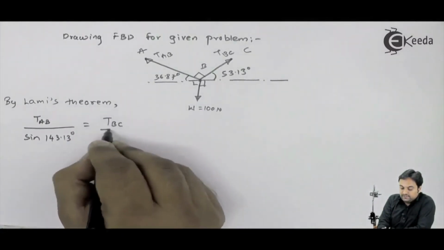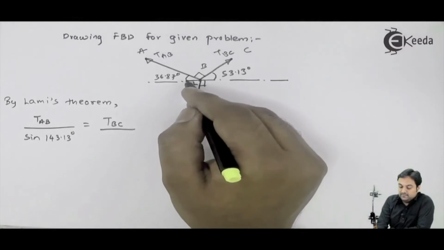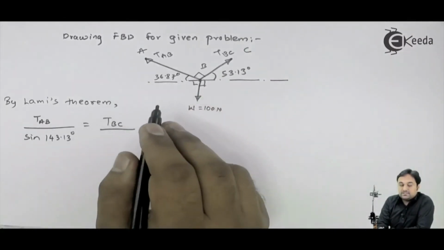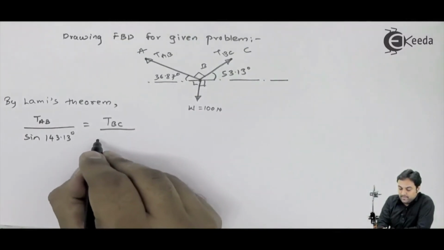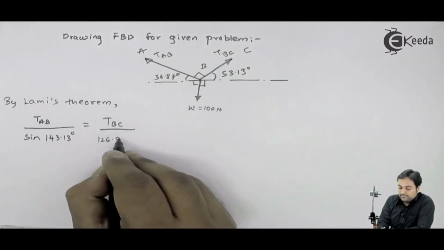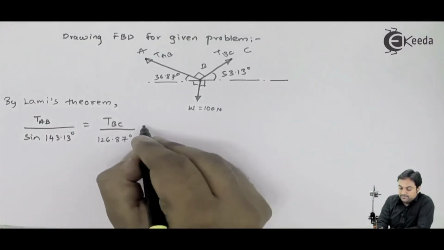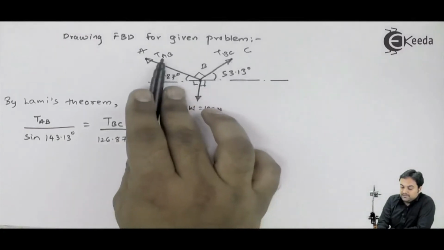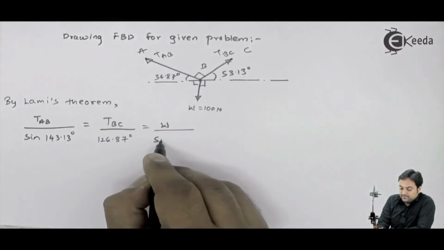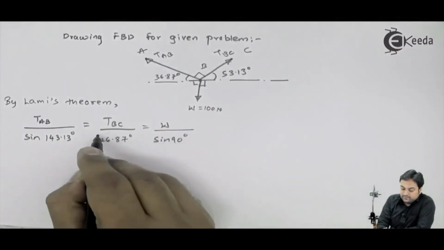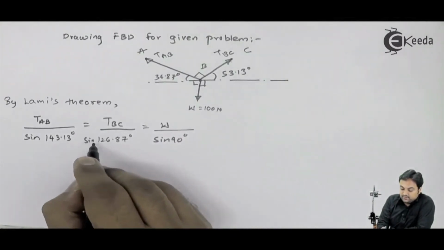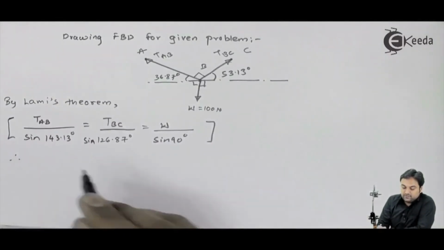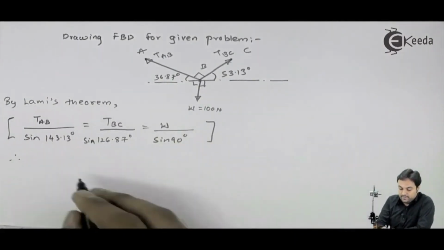If I write TBC and take angle between TAB and W, that will be 90 plus 36.87, that gives me 126.87 degree. W divided by angle between TAB and TBC, that is 90, so sine 90. Here also I should write it as sine 126.87 degree.